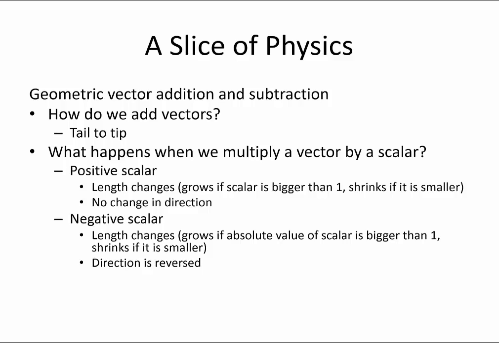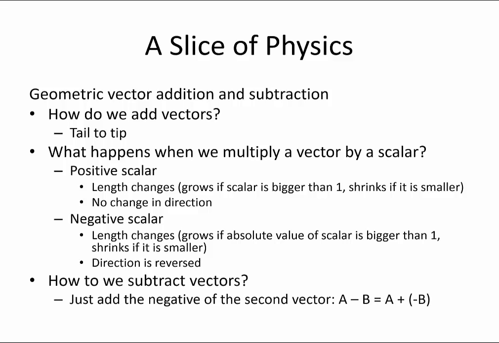The length grows or shrinks based on if the scalar is bigger than 1 or smaller than 1. And if it's a negative scalar, pretty much the same thing happens except that the direction flips 180 degrees. And finally, how do we subtract vectors? Well, we just add the -1 of the second vector to the first one. So a minus b in vectors is also a plus -b.